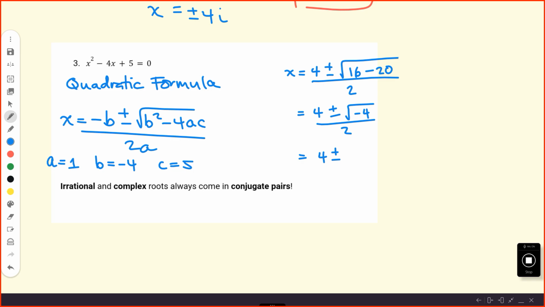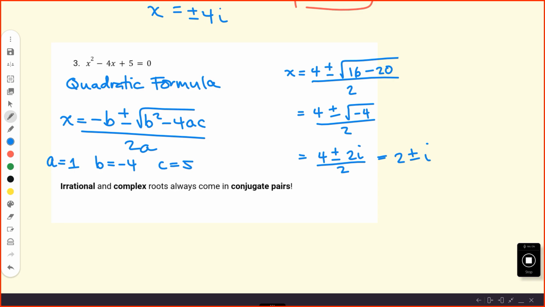It's because the square root of 4 is 2, and because of the negative, we put i beside the 2. So 2i over 2. And we can simplify because we can divide 4 and 2 by 2. So 4 divided by 2 is 2, then plus minus 2i divided by 2 is just i, or 1i.